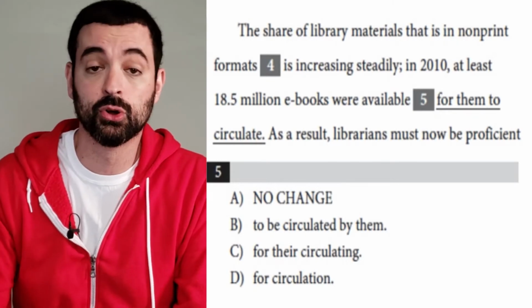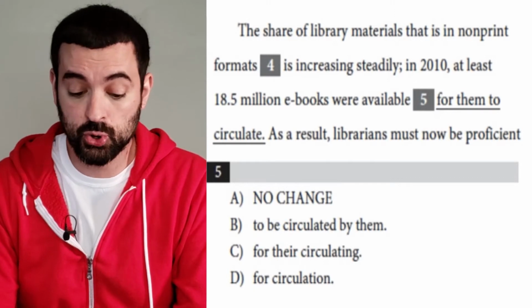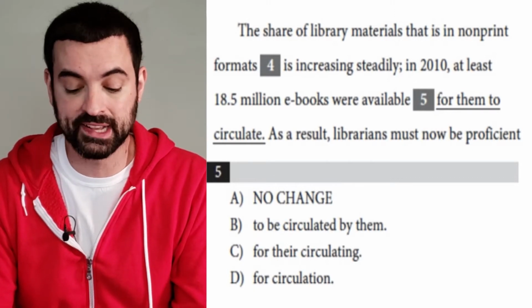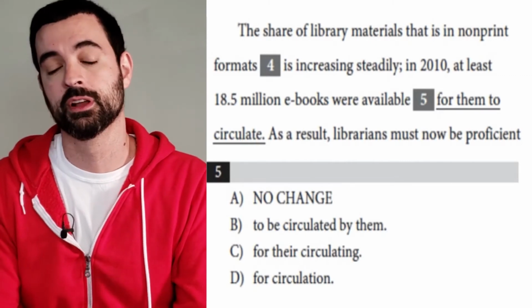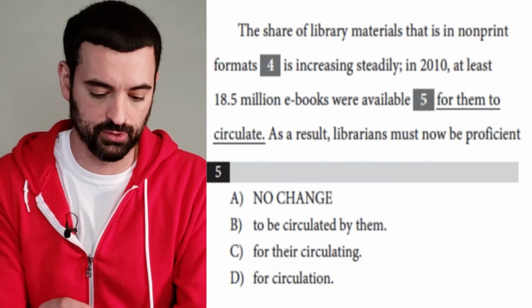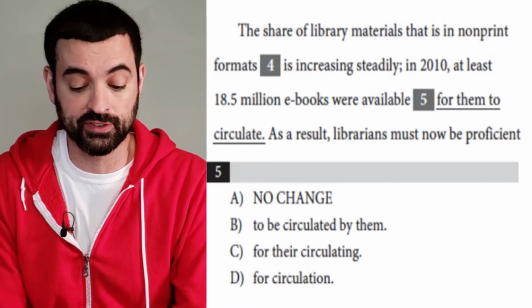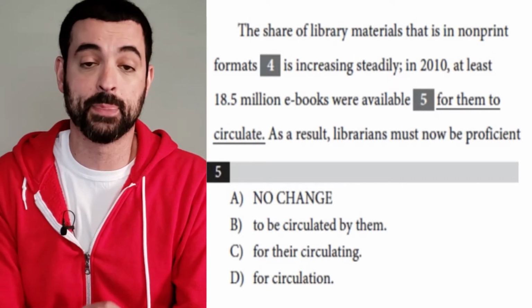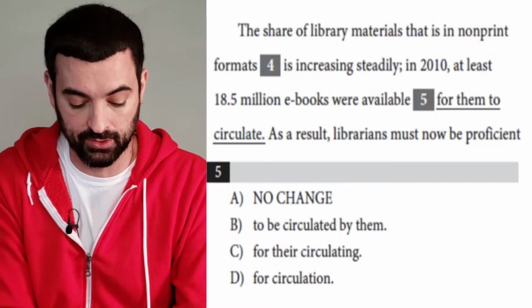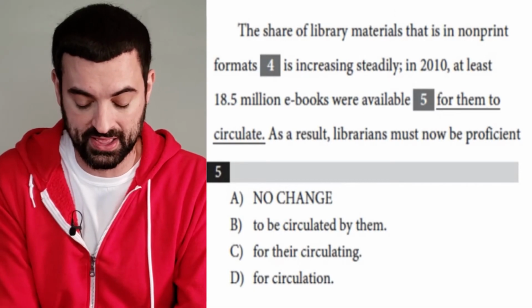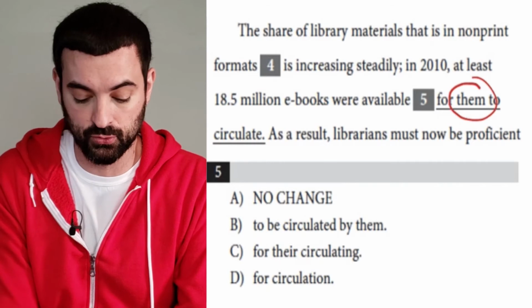Okay, again, who are they? It could be that librarians or libraries or some other important person or entity is in charge of circulating these ebooks, but because that person is not referred to in the sentence itself, we can't go with a vague use of the word them.